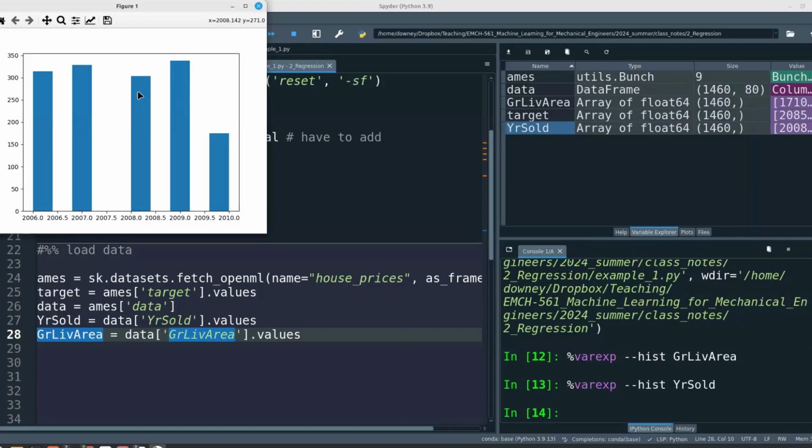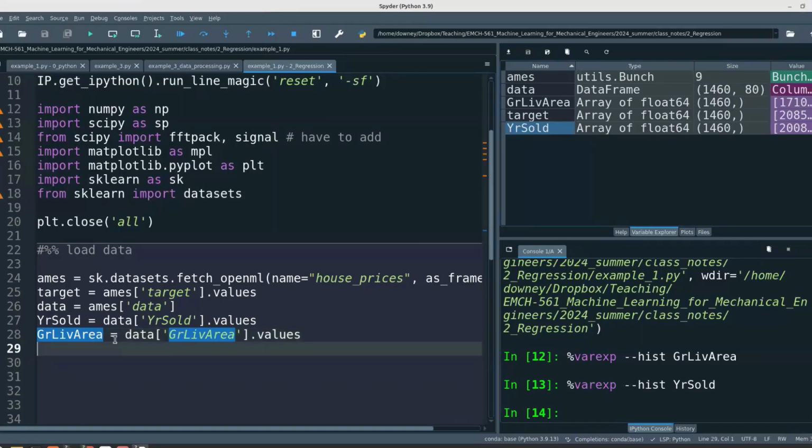Yeah, there's a few less houses in 2008. 2009 had a lot sold. And then actually 2010 didn't have a lot sold. But this was kind of the start of the recession, although this was technically kind of the bottom of some of the economic signatures. It took about 2 years to fully collapse.